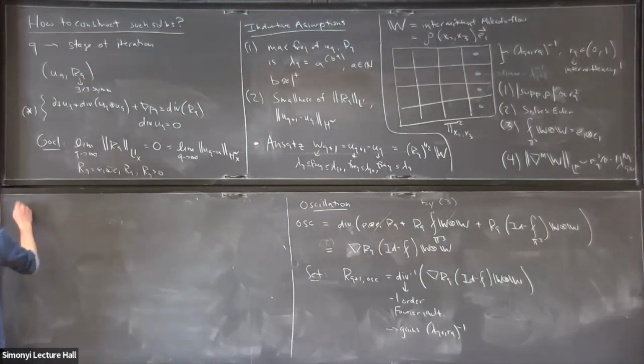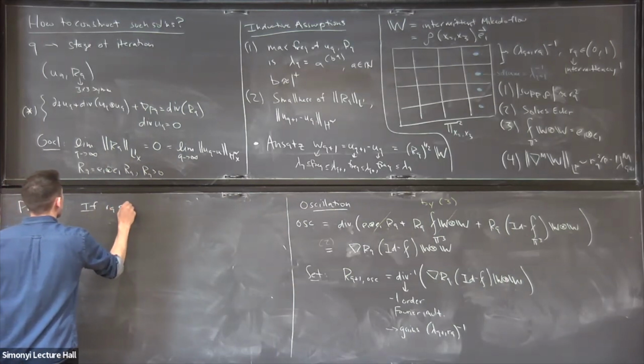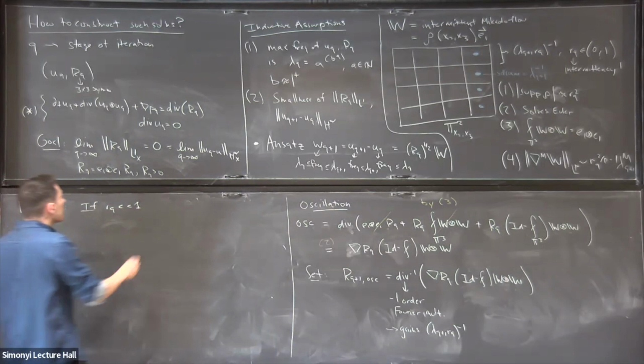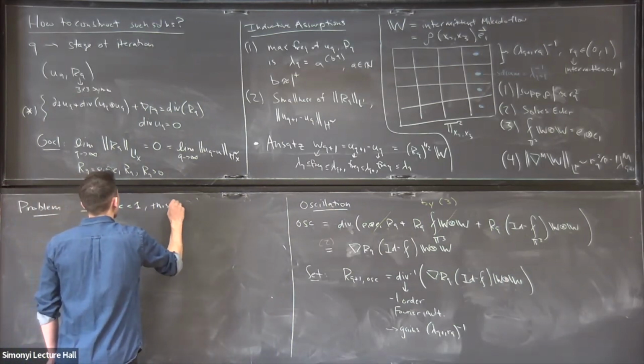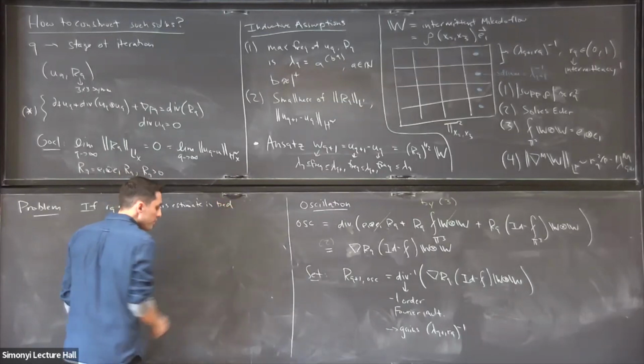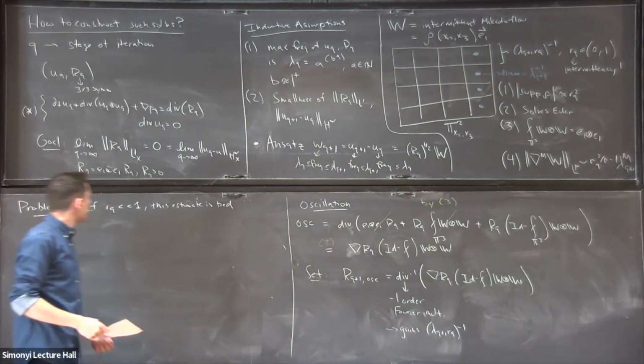So let's say problem. If R_q is much less than 1, this estimate is going to be bad. I would prefer R_q to be equal to 1.